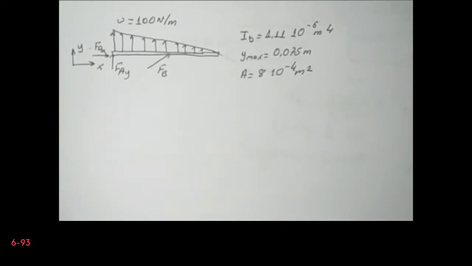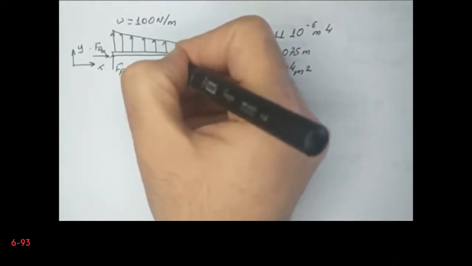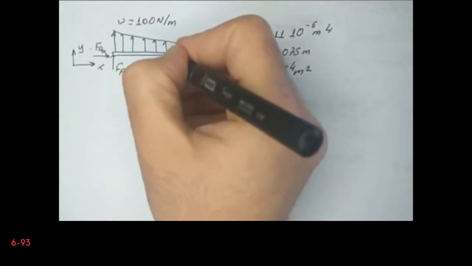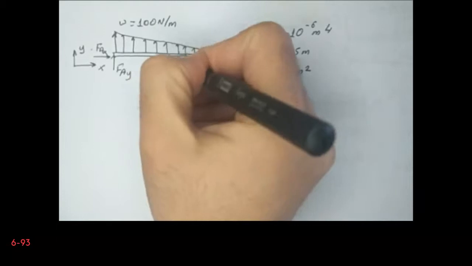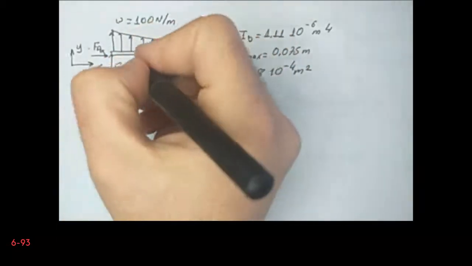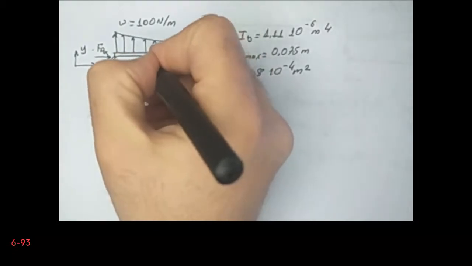But what I'm going to do is I will decouple this force Fb into two. So let's say that I have Fby and Fbx.